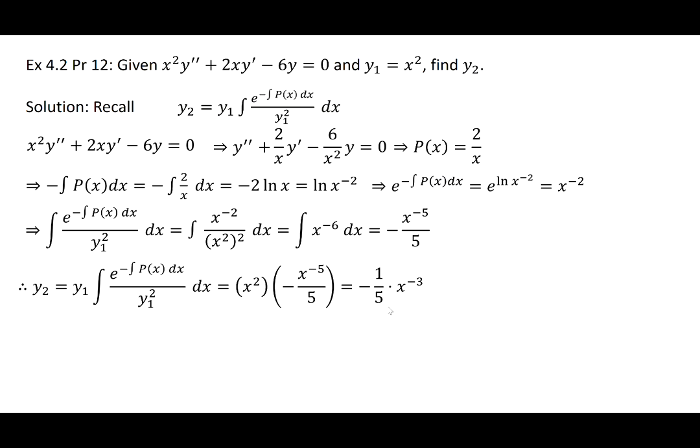Could we, without loss of generality, multiply this by some suitable constant so that we don't have this annoying negative 1/5? Yeah, if you multiply by -5, this just becomes x to the -3. And so that's exactly what I did. Now, will you take off any points if we just left it as -1/5?